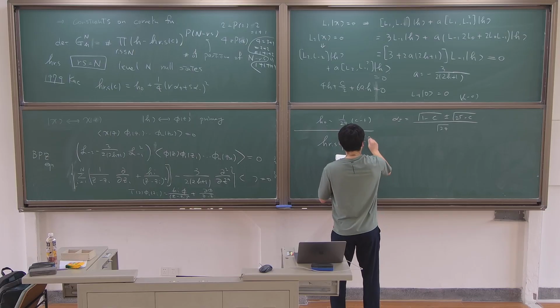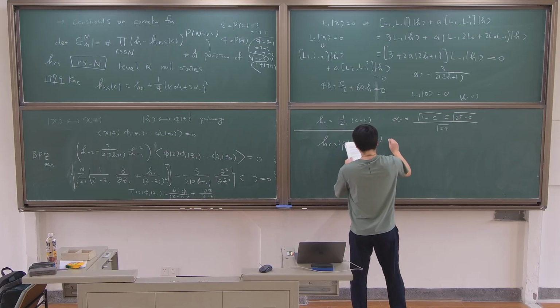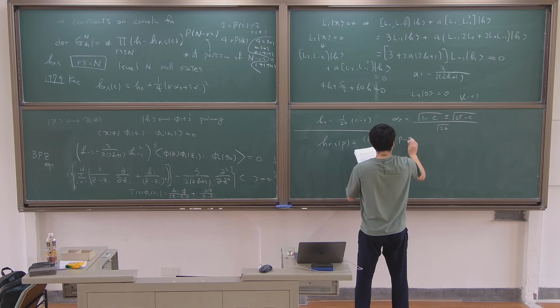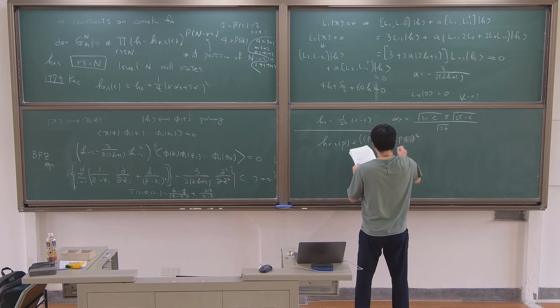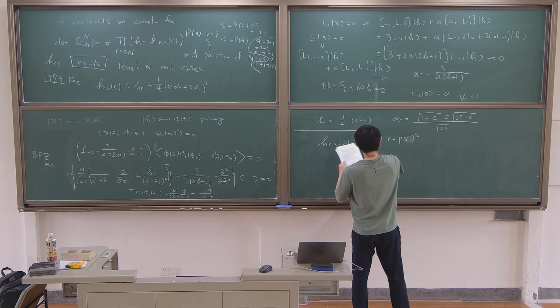Unitarity is where c equals 1 minus 6 over p times (p plus 1).